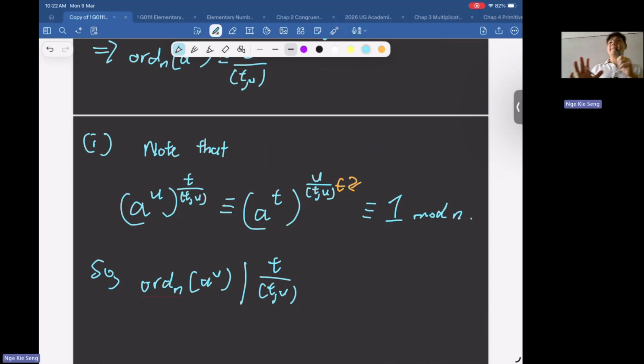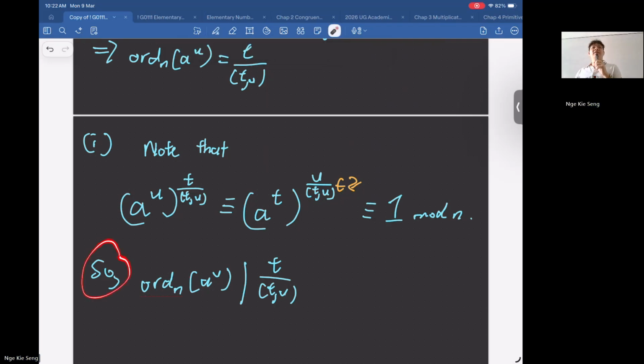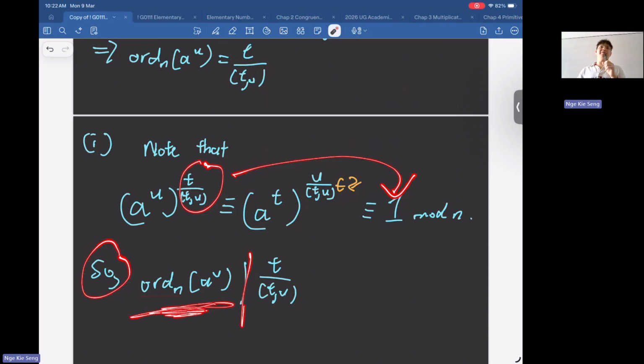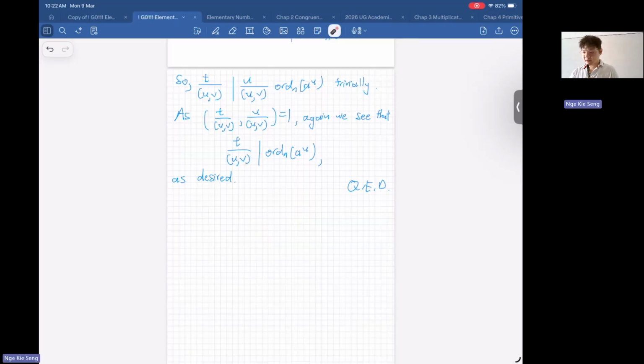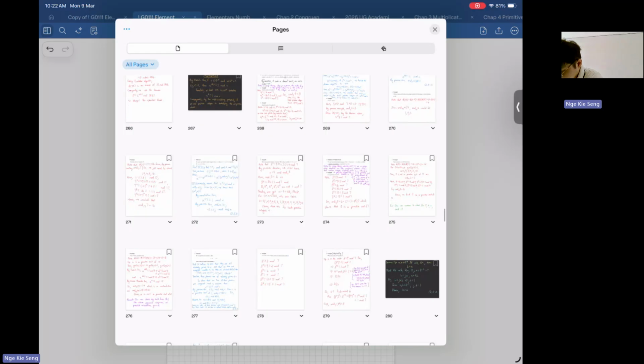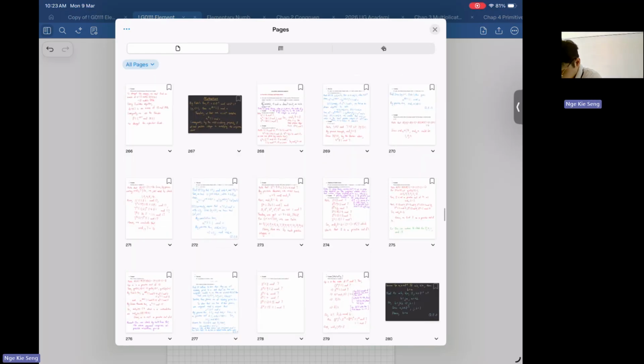Any question? Is everyone okay with this so far? Still remember the property of order. Order will divide any other power that makes it 1. Maybe I could show you quickly that theorem.